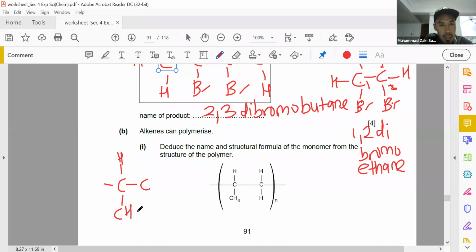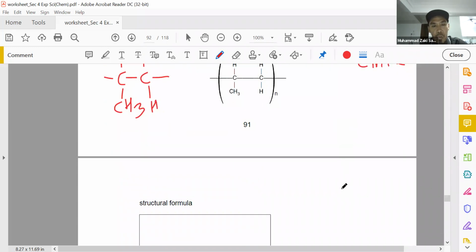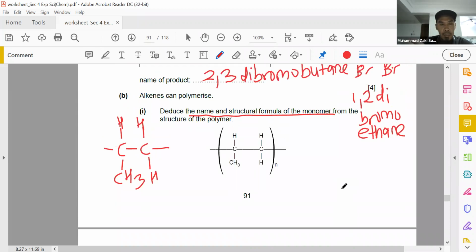But they don't ask for repeated unit. What they want is to name and give the structural formula for the monomer. Let's find out how to draw the monomer. Remember, this is repeating unit, different. Please learn how to differentiate the different names. Repeating unit. This is polymer.